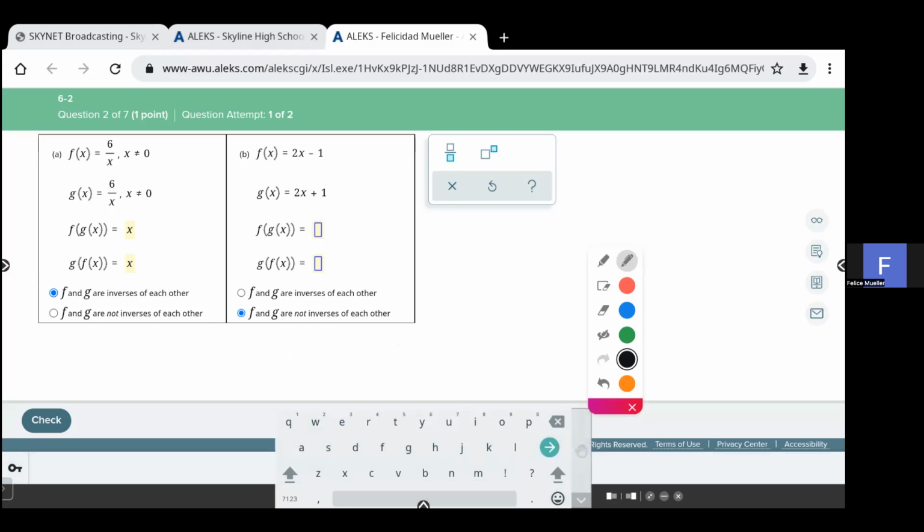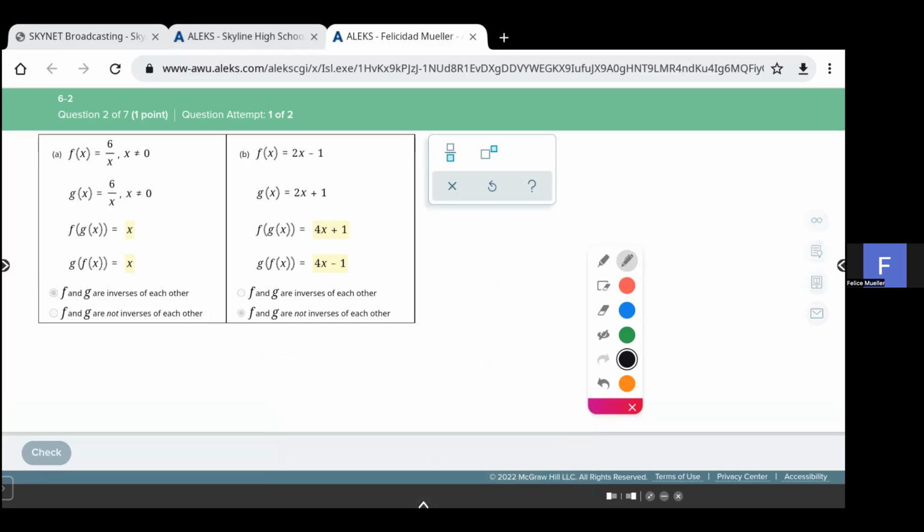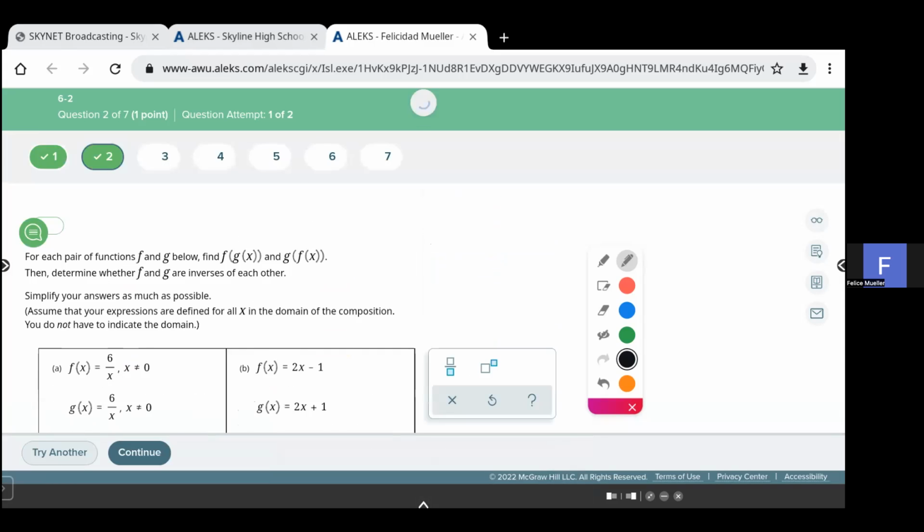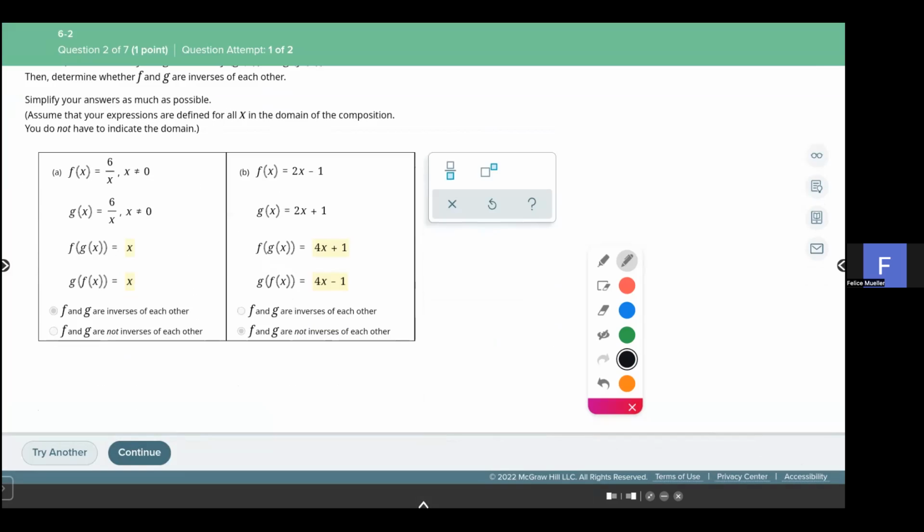So this is going to be 4x plus 1, and this is going to be 4x minus 1. And since part A both equals x, they are inverses of each other. And since part B, they do not equal x, they are not inverses of each other.